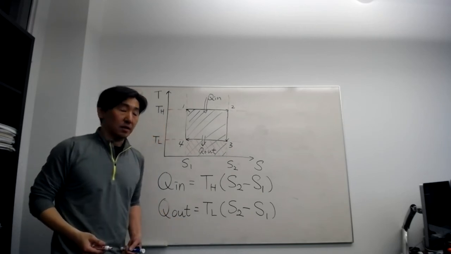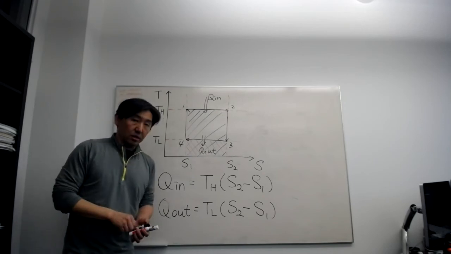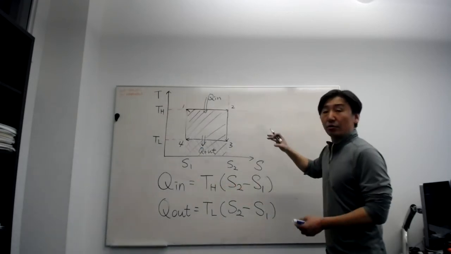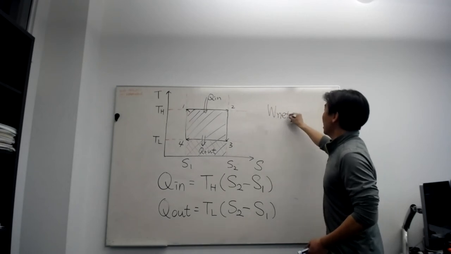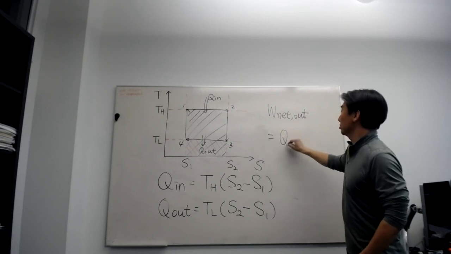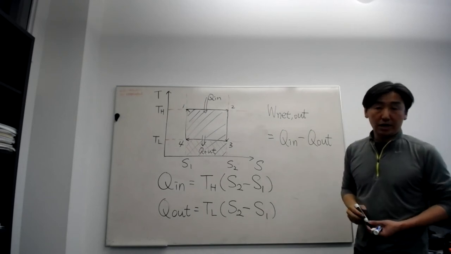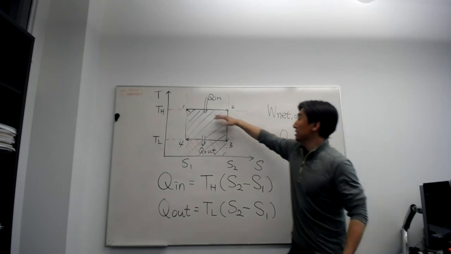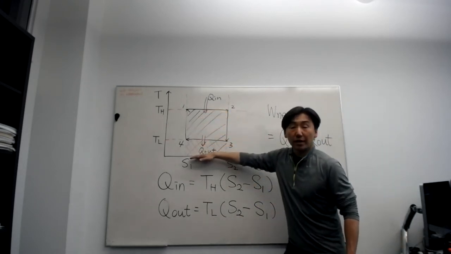Then from the first law of thermodynamics we discussed in the last lecture, if we apply the first law of thermodynamics for a cycle, what we can relate between the heat and work is that work net out should be the same as Q in minus Q out. So if you go back to this TS diagram, Q in is this amount of area, and Q out is that much of area.